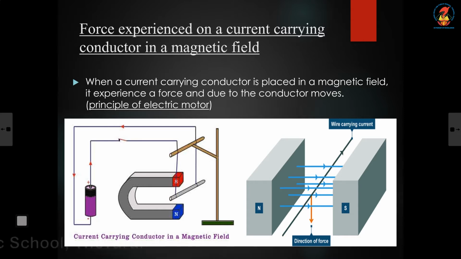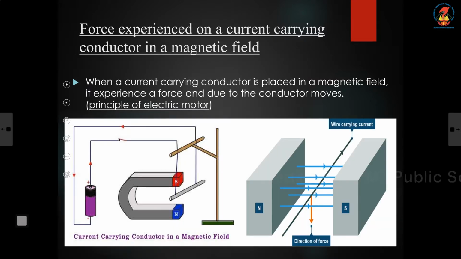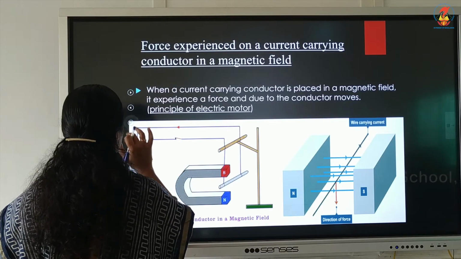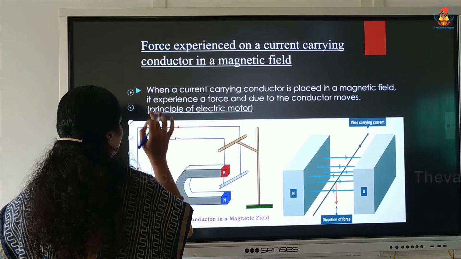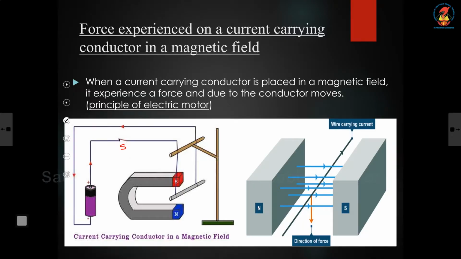The current will flow from the positive terminal of the battery through the copper wire. A switch is placed here, so that we can switch the circuit off and on. So, this one is a switch.